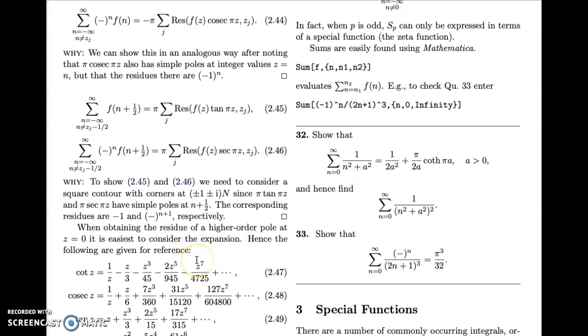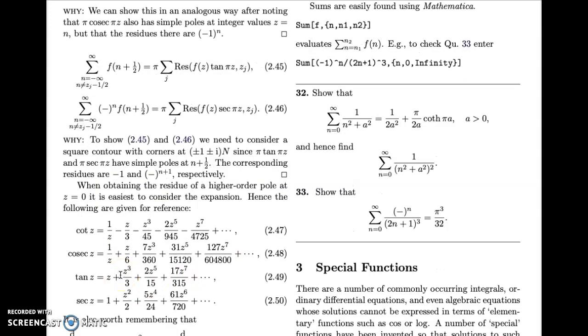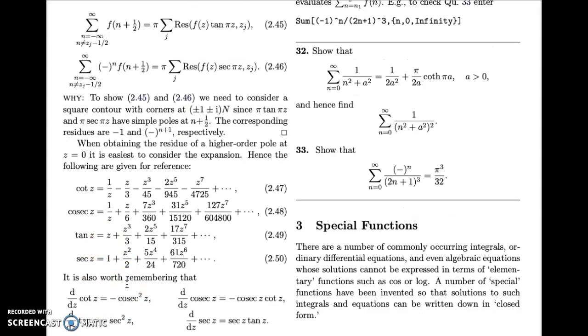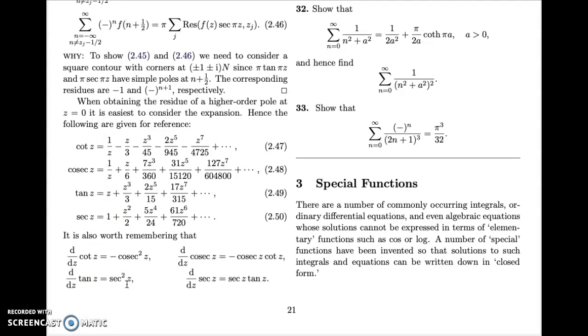So I've just given you these expansions of the four functions you need for the four formulae. And okay, well, these expressions are also helpful just to remember the derivatives of these four trig functions.